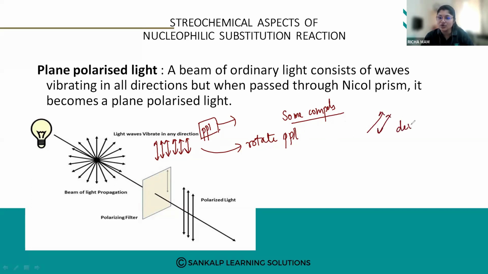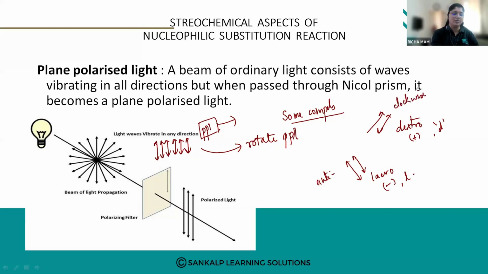They are said to be optically active. If they rotate the plane polarized light towards the right side, they are dextrorotatory, and if towards the left side, they are levorotatory. These are indicated by plus sign or small d, and minus sign or L. One shows the anti-clockwise direction and the other the clockwise direction. You have to remember this.